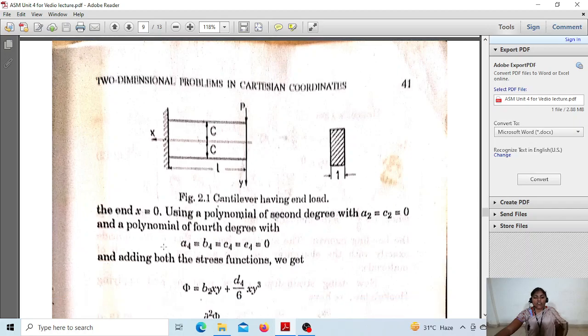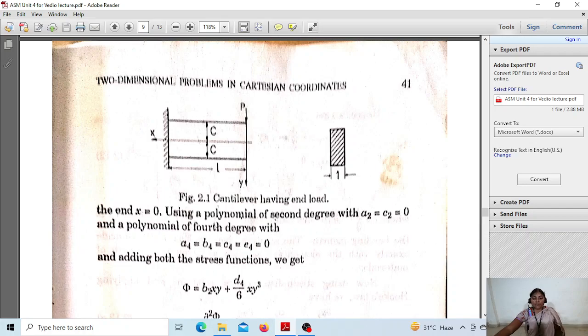In a polynomial, you know, 1 plus x plus y plus xy plus x square and so on and so forth, that is alpha 1 plus alpha 2 x plus alpha 3 y plus alpha 4 xy and so on, alpha 5 x square y square, that will be the polynomial.